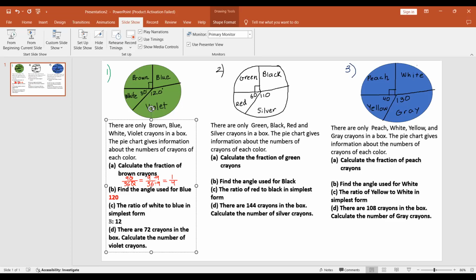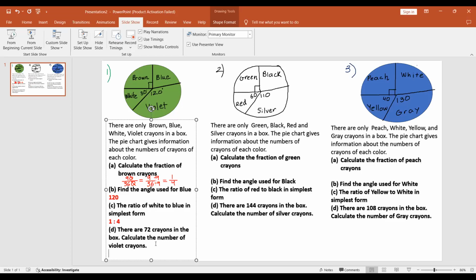Divide both sides by 3. It's going to be 1 to 4. Very good. Did anyone else get 1 to 4? Good.